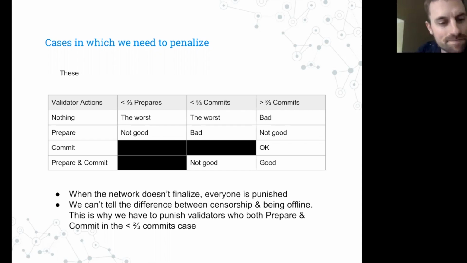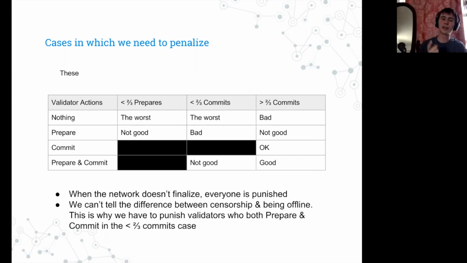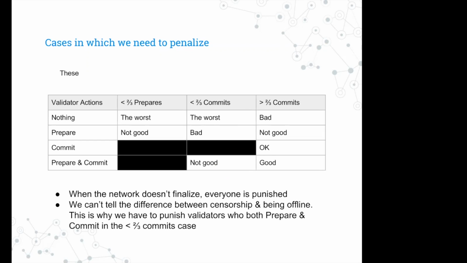That's helpful. Thank you. I do have a question, guys. Maybe I'm not getting it right, but what's my incentive in preparing and committing versus just committing, given that I can be punished in the case that there's less than 2/3 commits? Sorry, I think Gonzalo was asking about the fourth column.